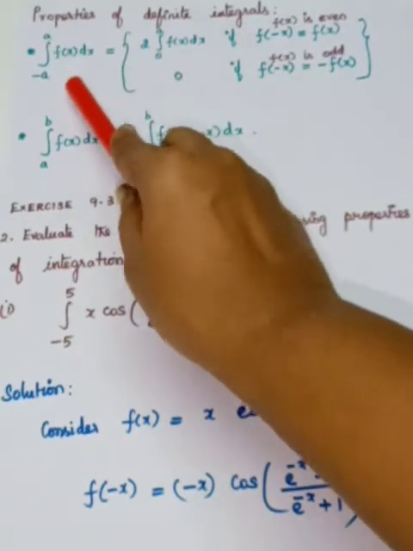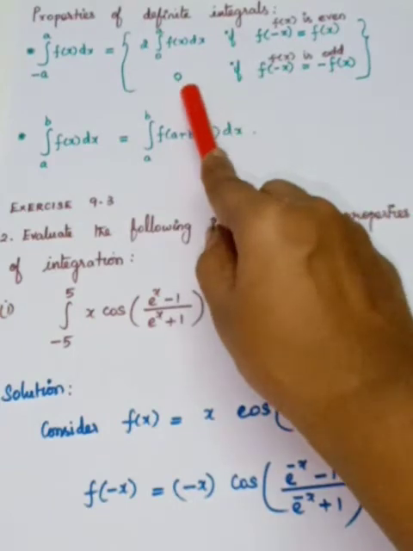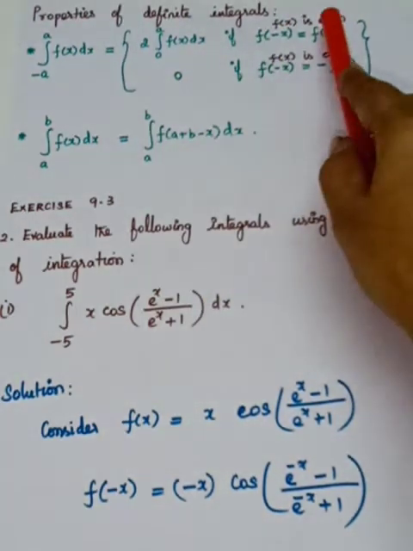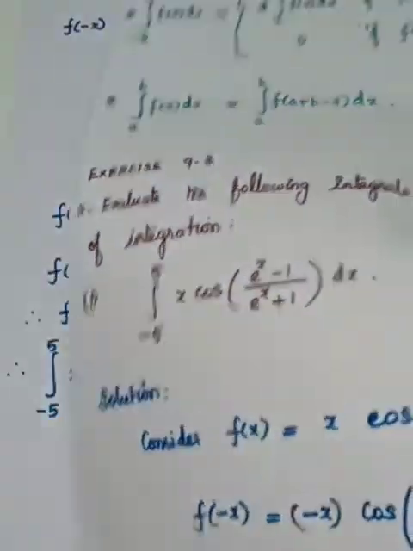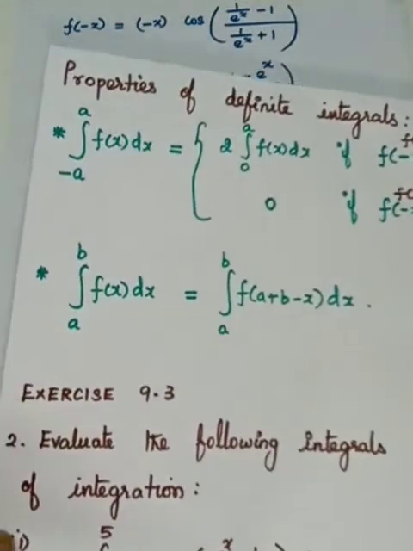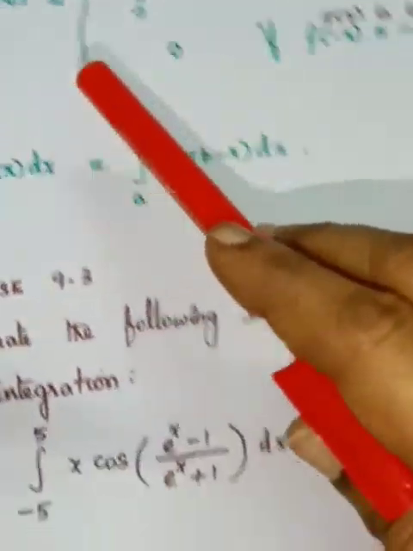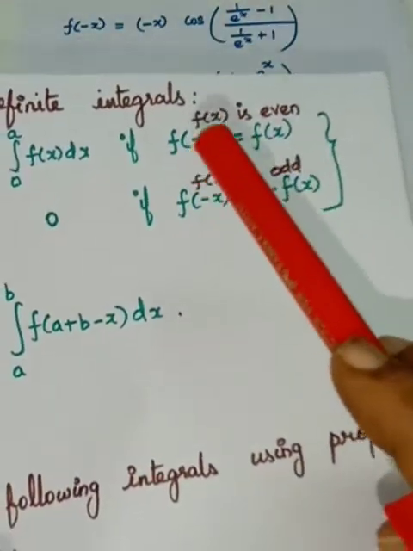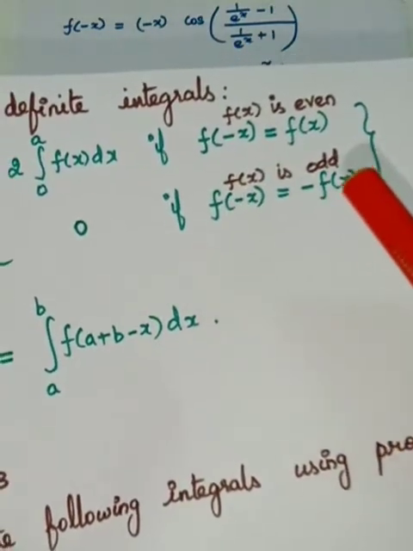For this result, you will have two answers according to whether f of x is even or f of x is odd. You see that? Integral from minus a to plus a of f of x dx, you have two answers according as f of x is even or f of x is odd.